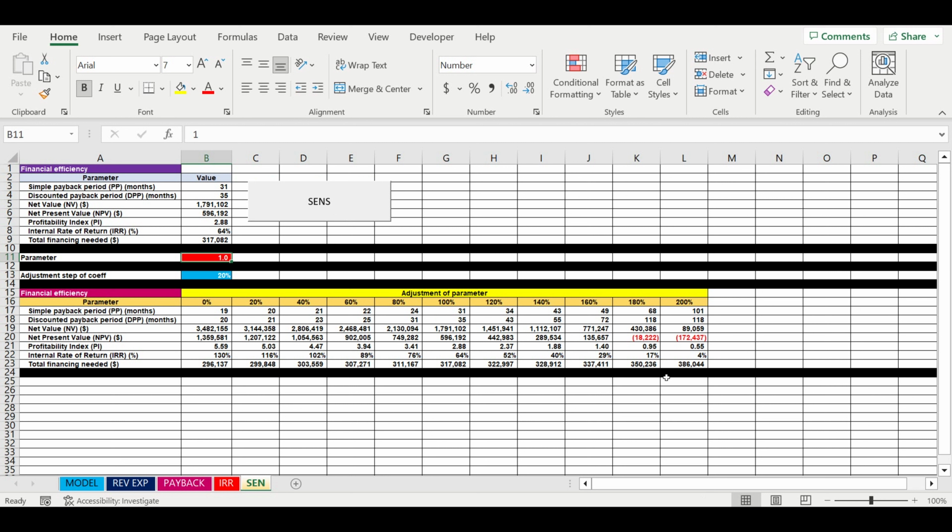So now we can see that we can add this coefficient to any parameter of revenues, expenses, and so on, and see how the increase or decrease of this parameter affects the financial efficiency of your business idea.